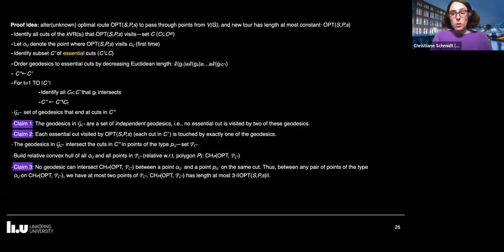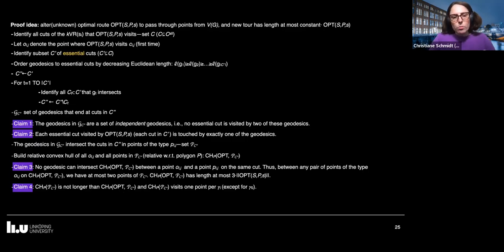And so we can use that to show that the relative convex hull of opt and our points has length at most 3 times opt. So rerouting opt to go through our points only costs us a constant factor. Then the last thing is, again, relatively easy. Of course, the relative convex hull of just our points is not longer than that of our points plus the optimum.